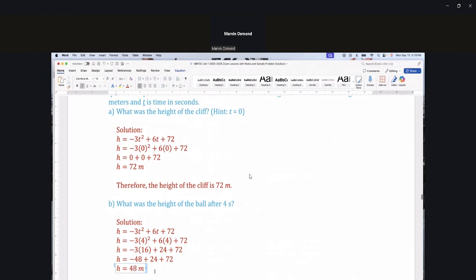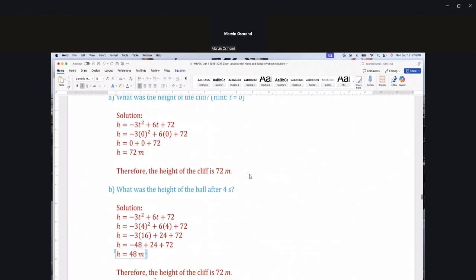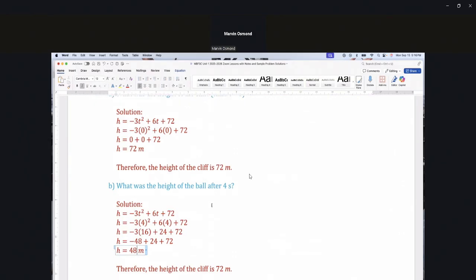And again, the units would be meters. So therefore, height of the ball after 4 seconds is 48 meters.